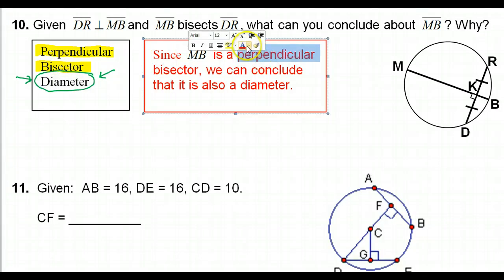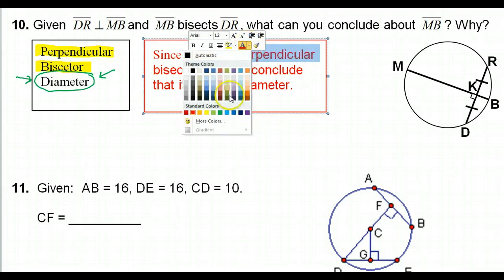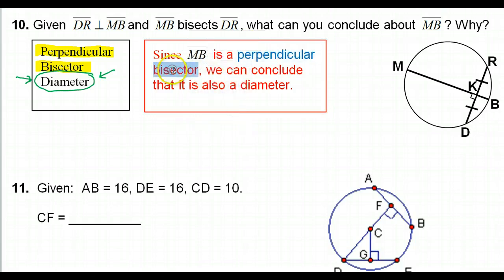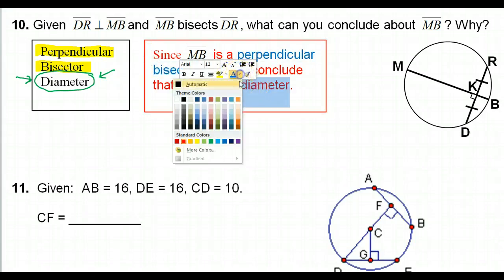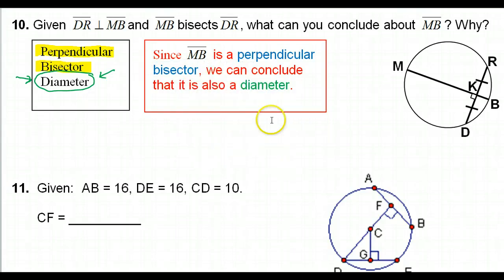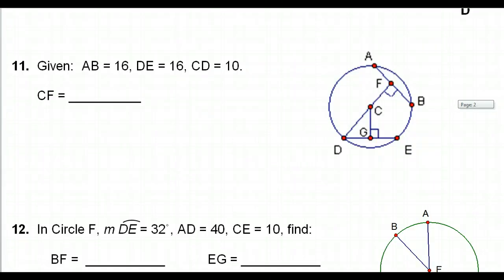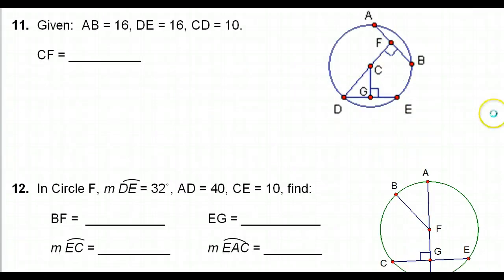So always look out for that. Since it's a perpendicular bisector, we know it is a diameter. Mention all three words. Alrighty, that's number 10. Number 11.